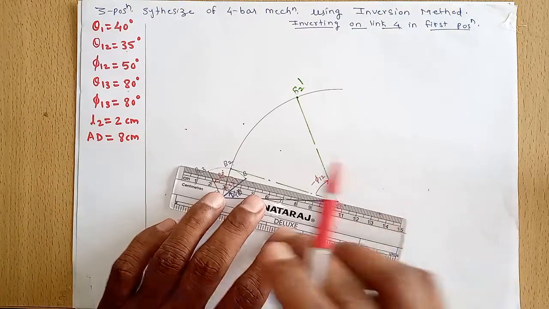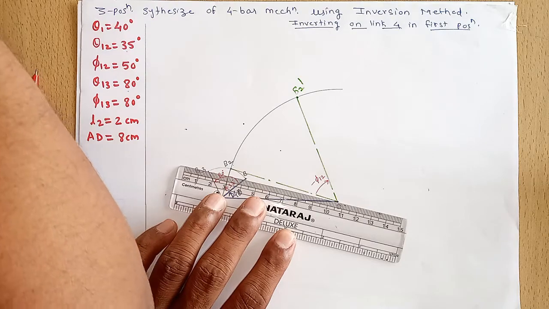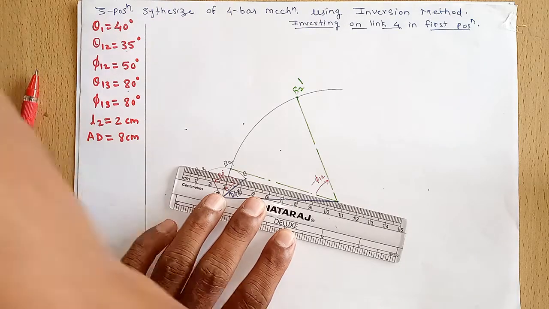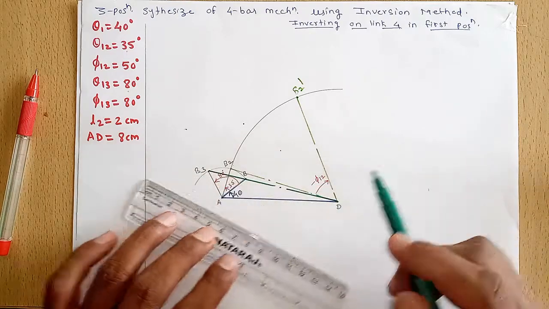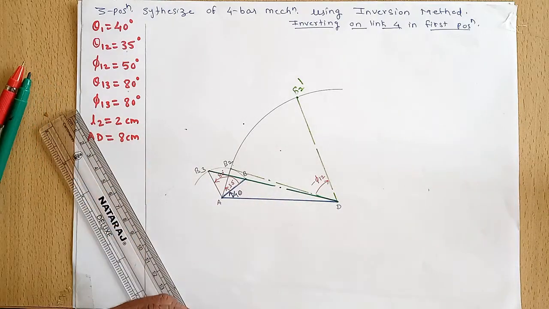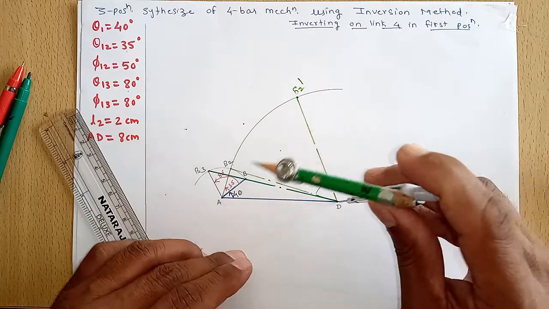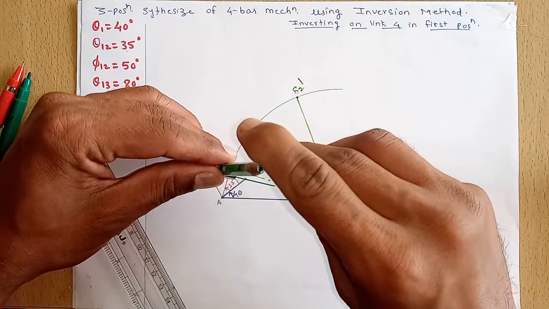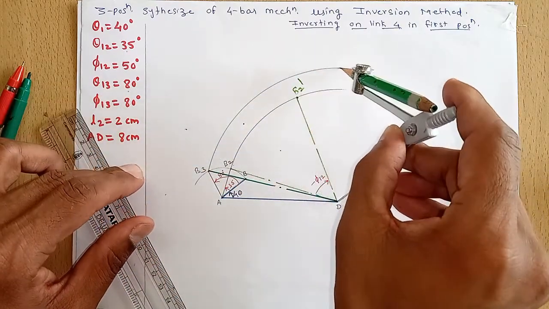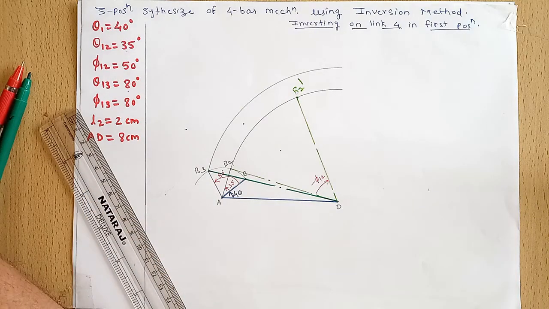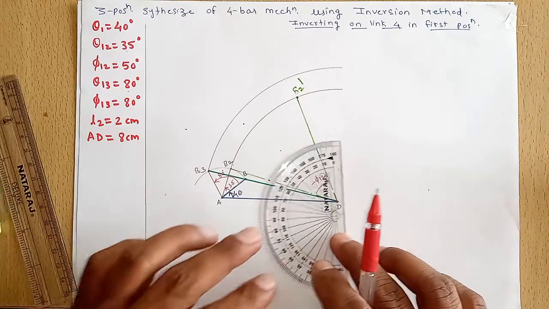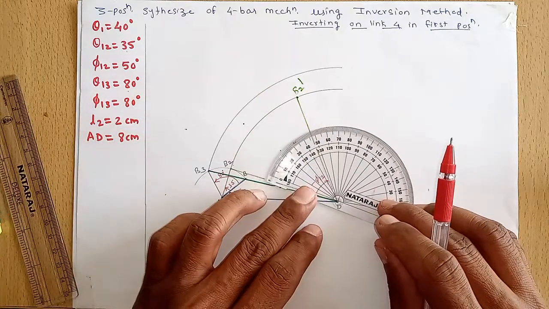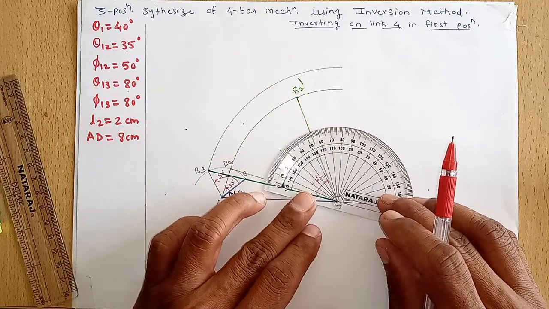Next we join B3 to D. And we will rotate this point backward by an amount of theta 513. Along this path we will rotate B3. Theta 513 is 80 degrees. So we will rotate this line backward by 80 degrees.